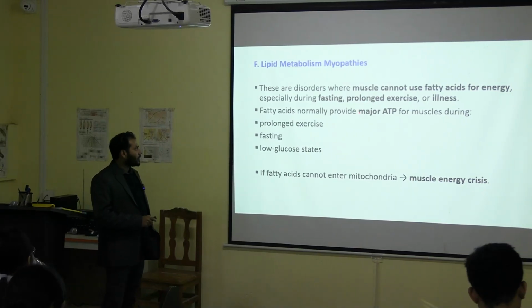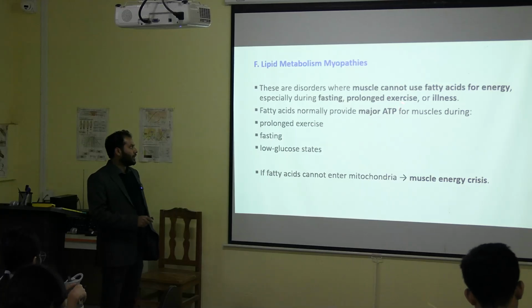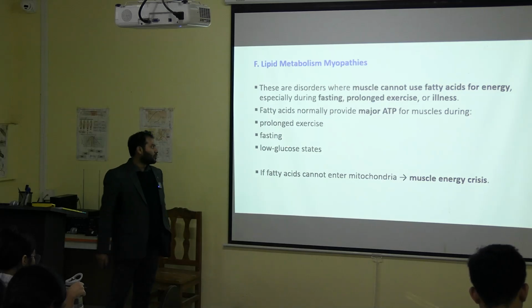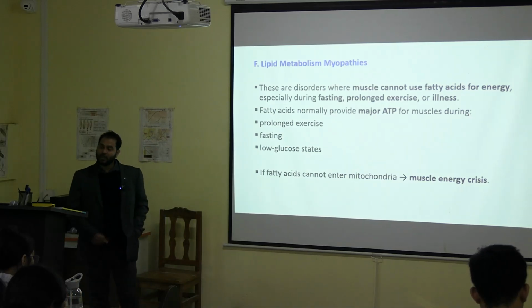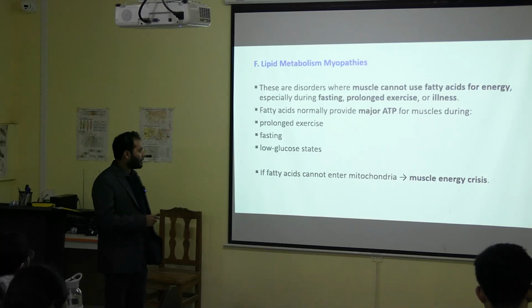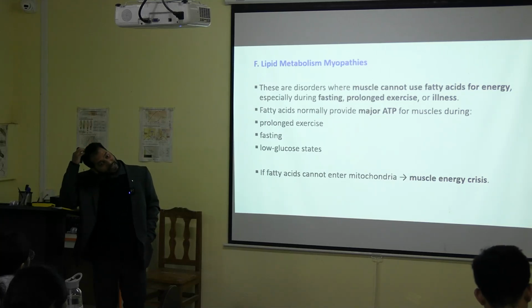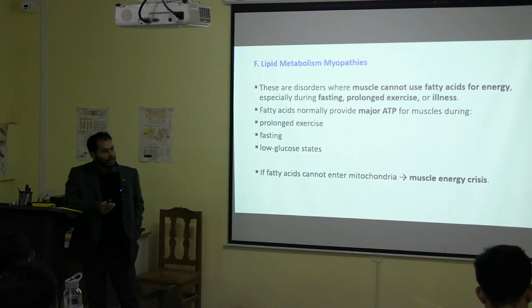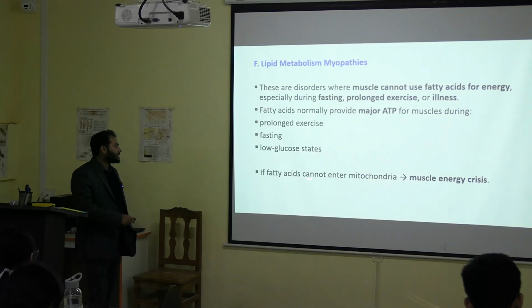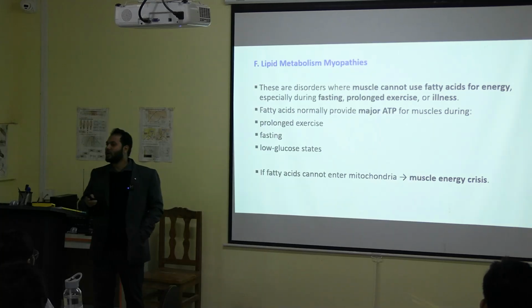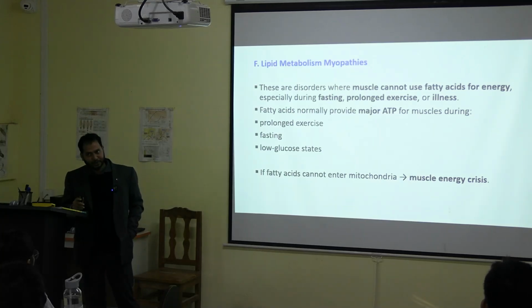So fatty acids normally provide major ATP for the muscles during prolonged exercise, fasting, and in low glucose states. So even यहाँ पर भी देखो the fatty acids are available, but the muscle cell is unable to utilize that fuel as a source of energy. So if fatty acids cannot enter the mitochondria, muscle suffers with an energy crisis, right?